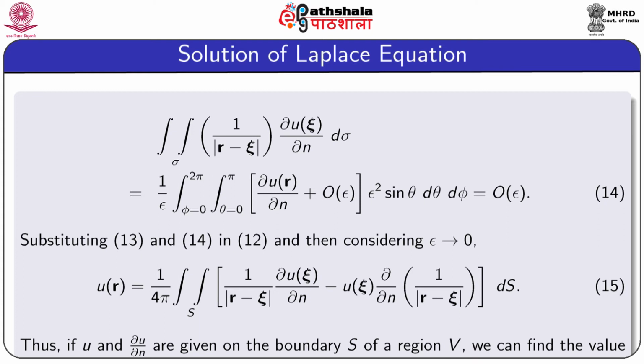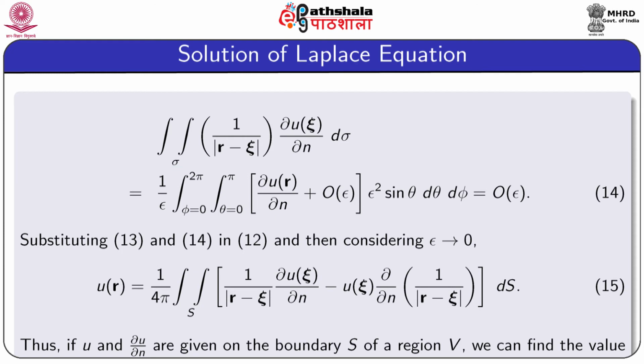If you substitute the values of all terms, ∂u/∂n becomes ∂u/∂n plus order epsilon, and the value of 1/|r − ξ| is 1/ε, and the value of dσ is ε² sin θ dθ dφ. So, after simplification you can see that the value of this integral is of order epsilon.